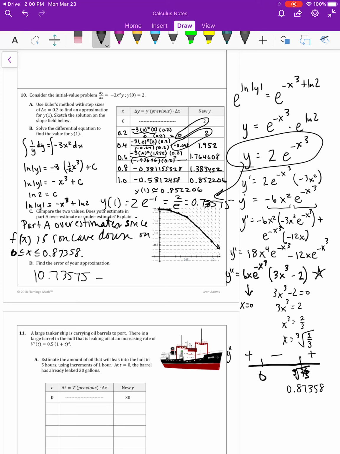And so this was my actual minus my approximate. Oops. Absolute value. Which gave us that 0.116456.